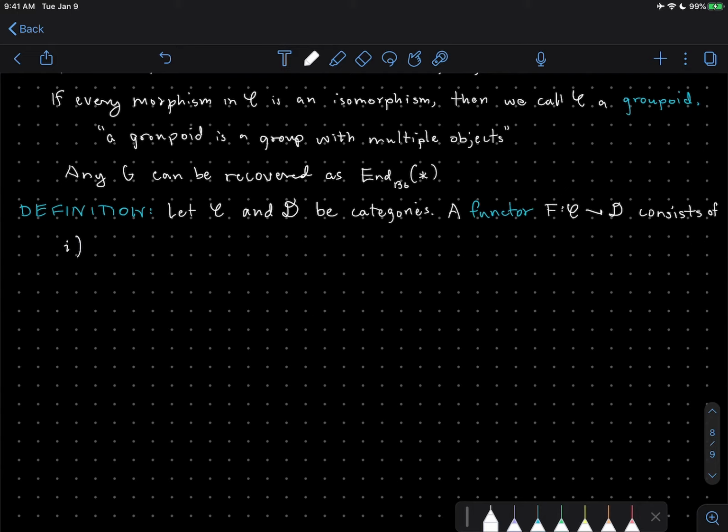So for each object c, an object F of c in D, and two, for each function f from little c to little c prime, and let's say little c to little d, the function F of f from F of c to F of d.